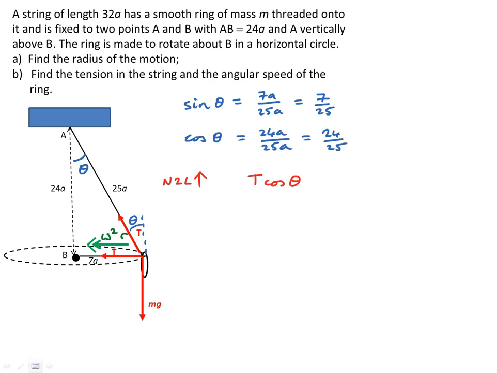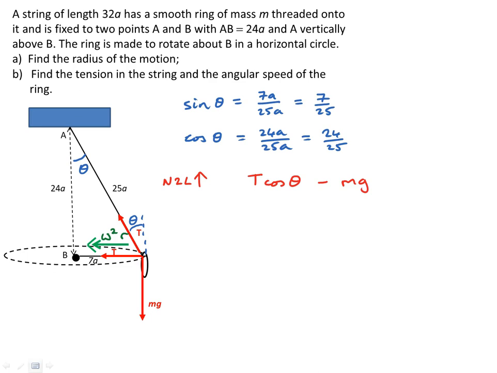We've got minus mg, that's the weight acting downwards, and the T that's acting from the ring towards B has no vertical component, so we can ignore that bit.